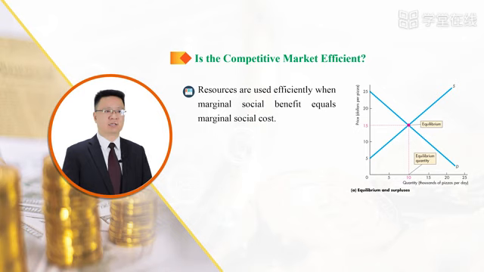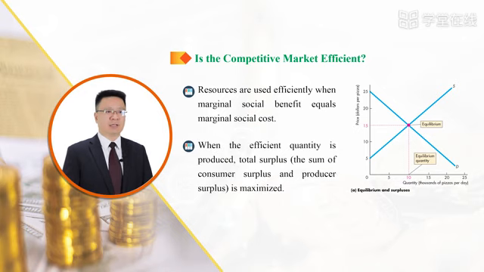When production is less than the equilibrium quantity, MSB is greater than MSC. When production is greater than the equilibrium quantity, MSC is greater than MSB.